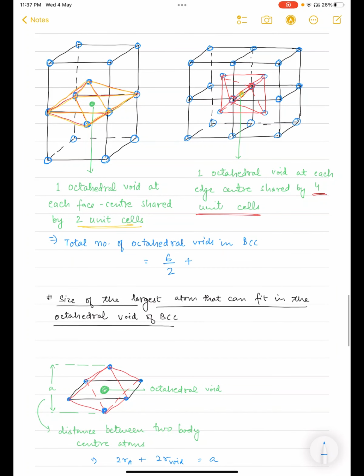There are 12 edges in a cube and each is shared by 4 unit cells, so divide by 4 for per unit cell. So we get a total of 6 octahedral voids in BCC.